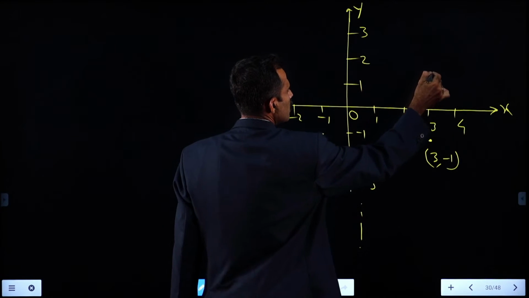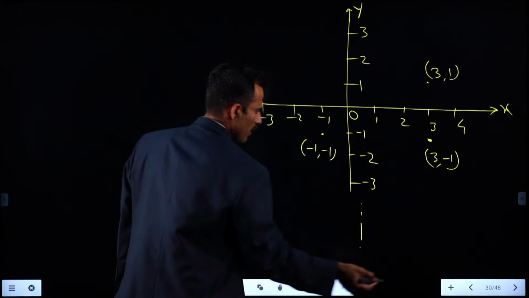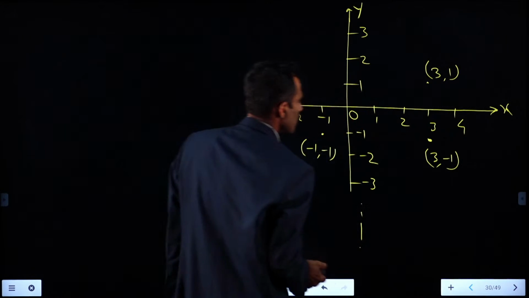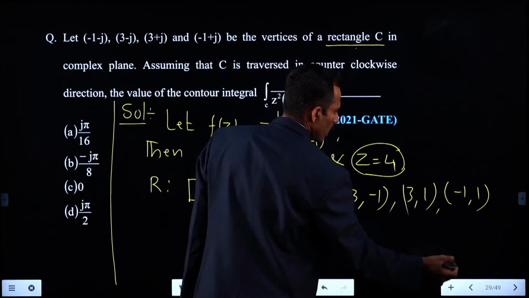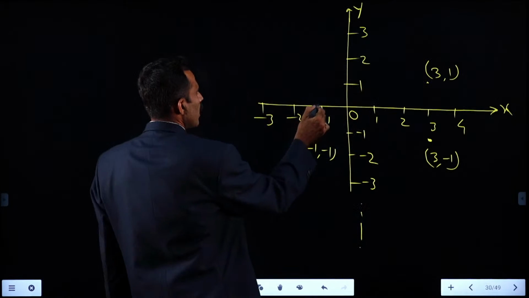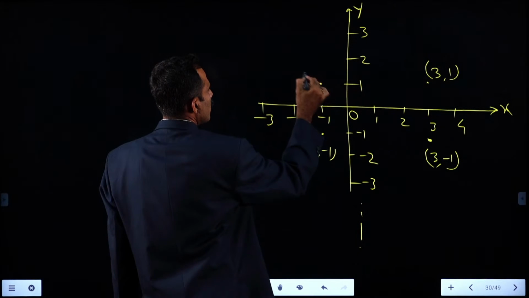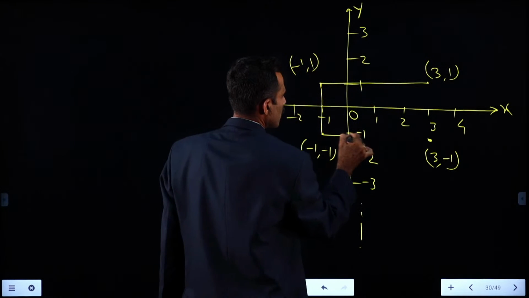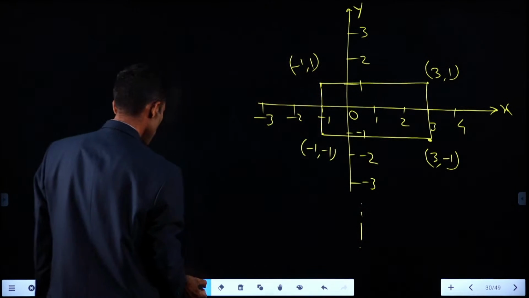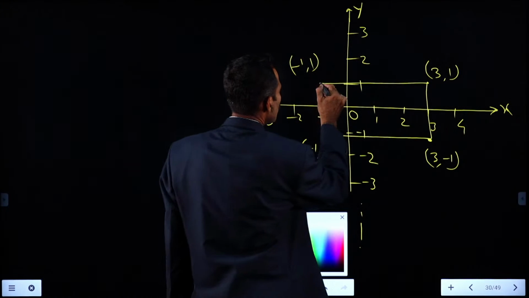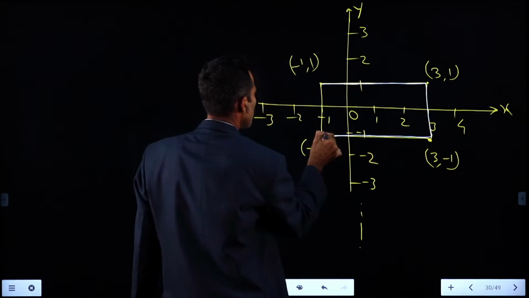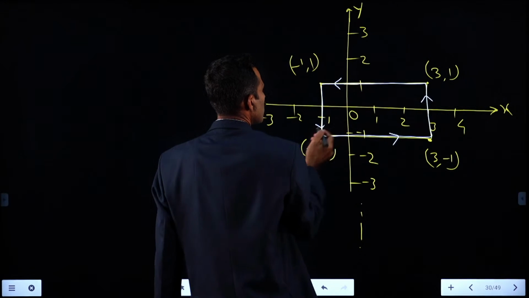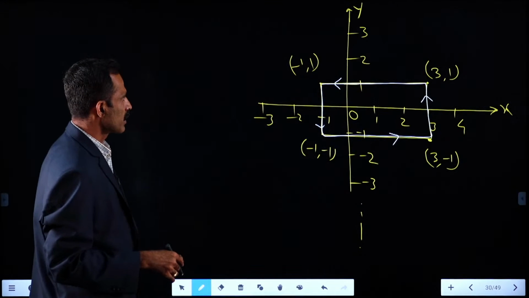X is 3, y is 1. The last vertex is minus 1 comma 1. Now we draw the diagram. The direction of this closed curve is anti-clockwise. We are already given that it is anti-clockwise.